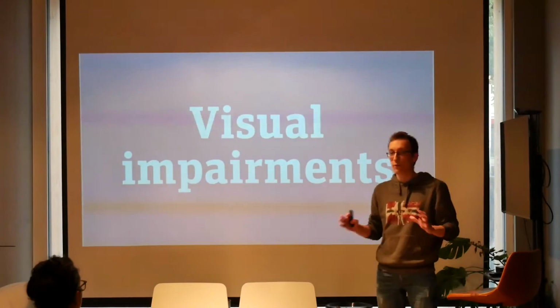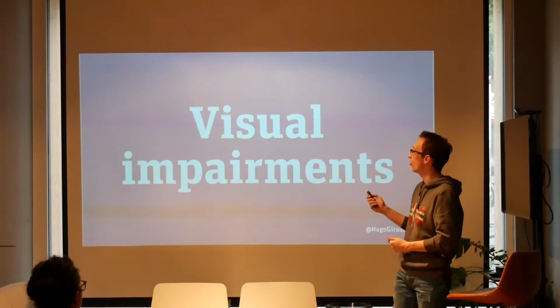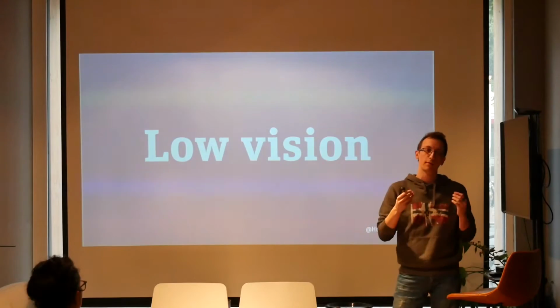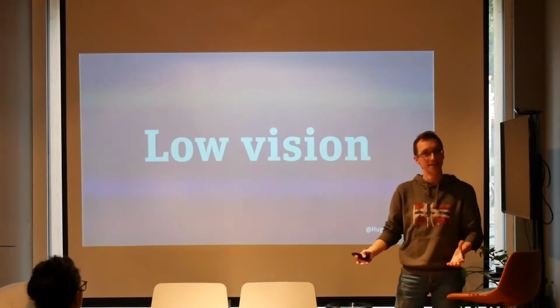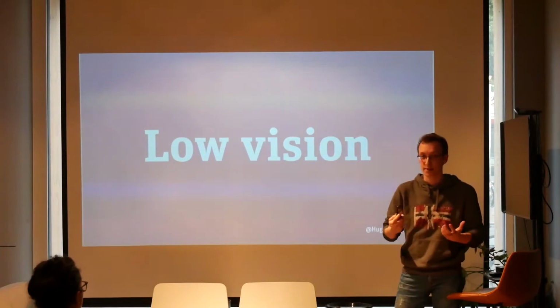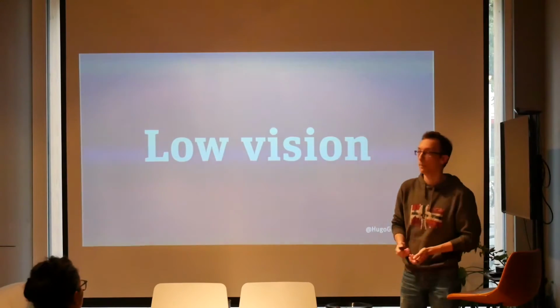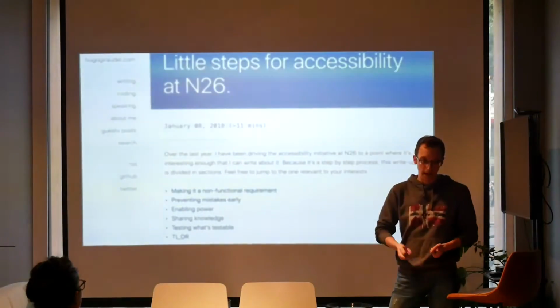So let's start with a big first category, visual impairments. The most common problem, let's say, is having low vision. That's my problem, for instance. That's probably the case of quite a few of you tonight. And for many people, life looks like this.